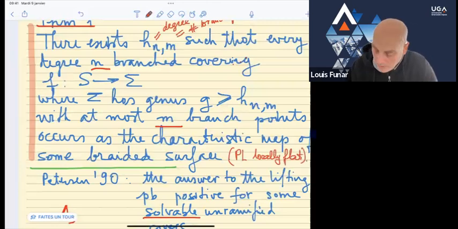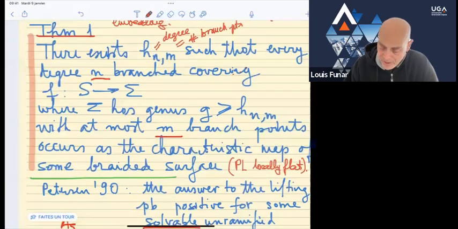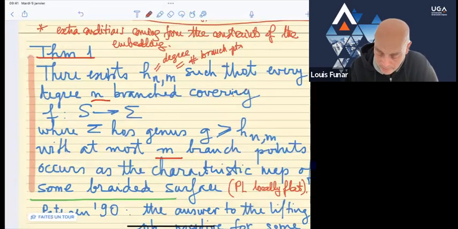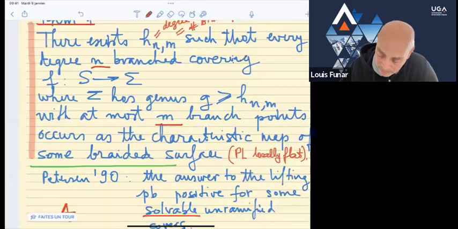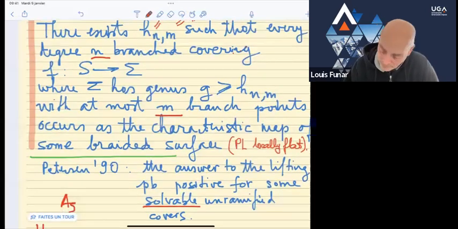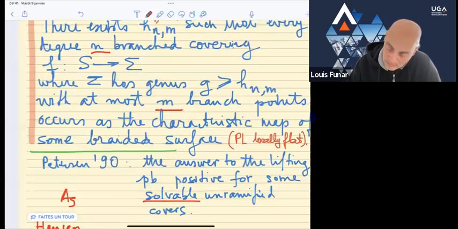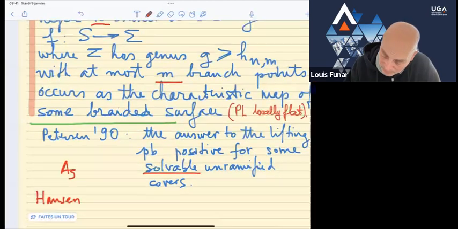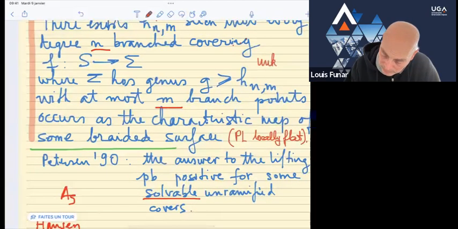And this is important because in the smooth case, one has to change something. And this is saying that you have a positive solution in the case where the genus of your surface is very large in terms of the degree and the branch points. We have no idea about who is that h of n and m, which is unknown.